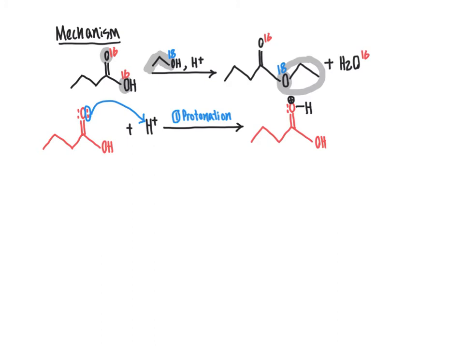Now, we could draw a second resonance structure here if we wanted, where we would be able to move the pi bond up onto the oxygen and put the positive charge here on the carbon. And an actual additional resonance structure, we could take the lone pair from the oxygen, move those over to make a pi bond here to share that positive charge across both of the oxygen atoms here. That will help make this step relatively favorable, the fact that the resonance can delocalize that positive charge over multiple atoms.